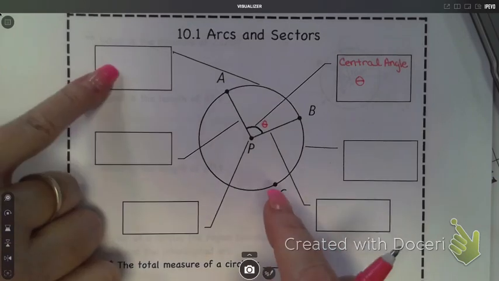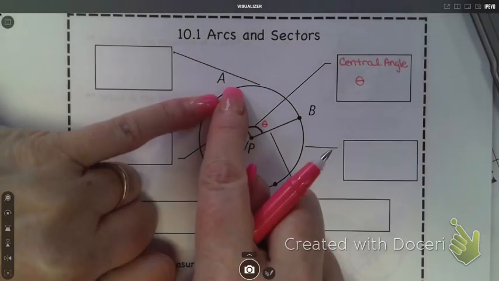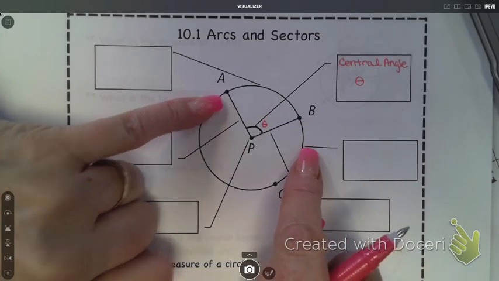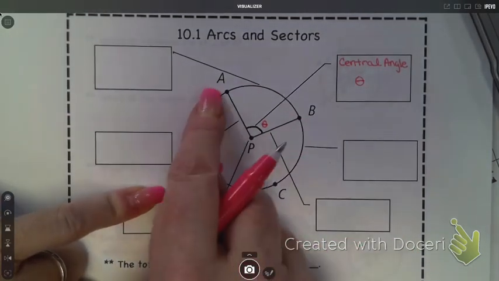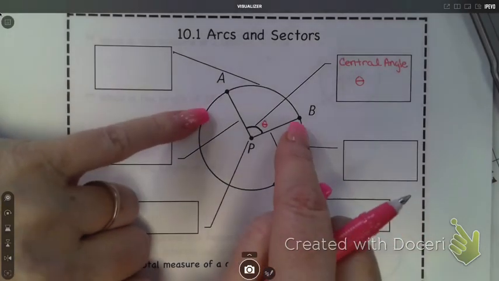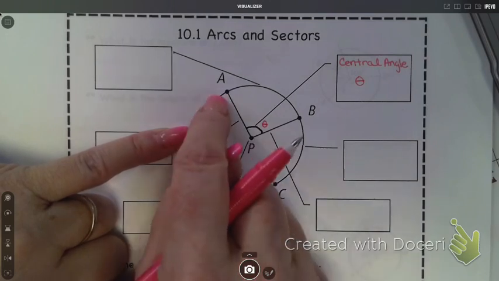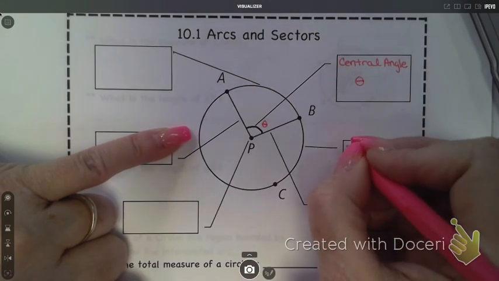You notice that this box points to this arc right here. And this box points to this, which would be the remainder. So they are called arcs, but this big arc is called the major arc.